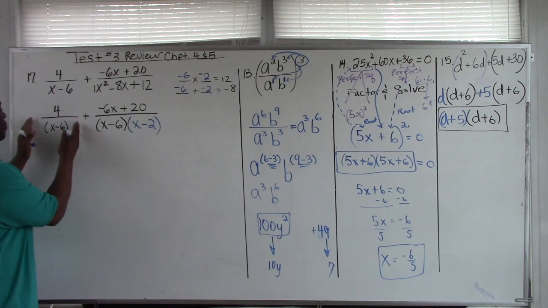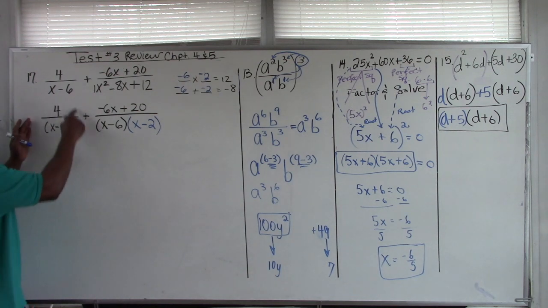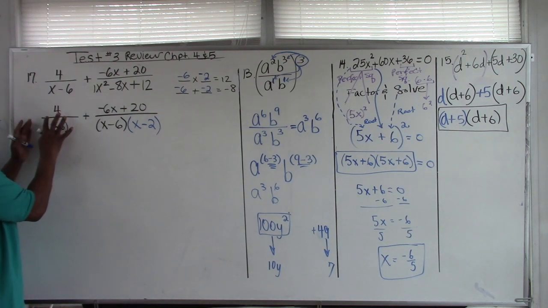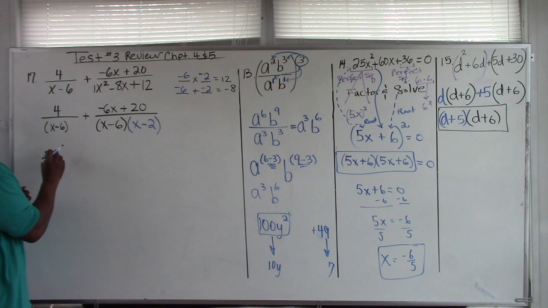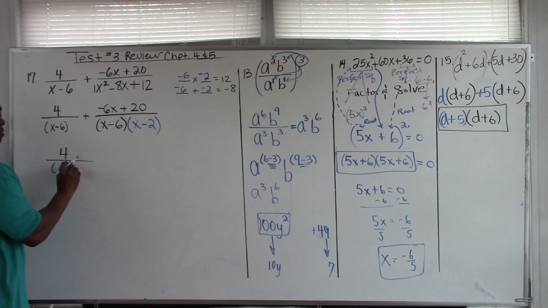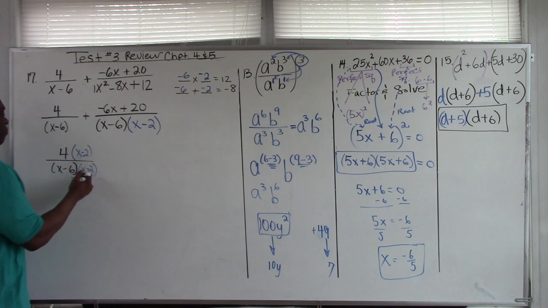So we would have 4 over x minus 6, and multiply top by x minus 2 and bottom by x minus 2.